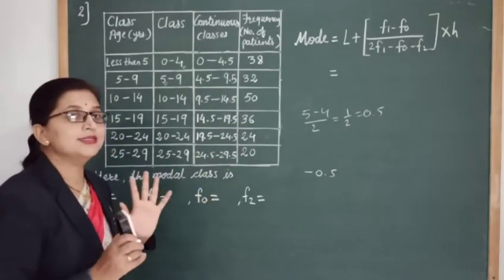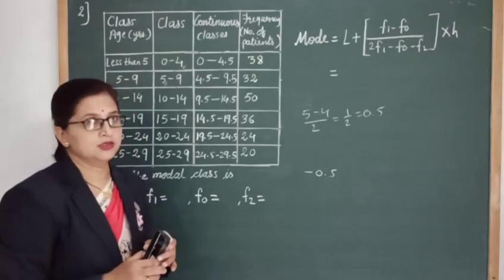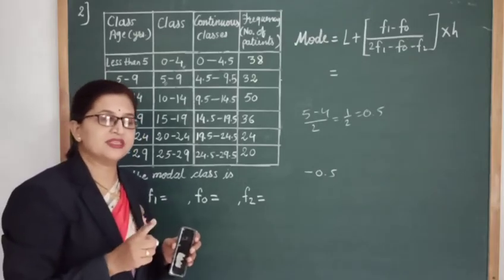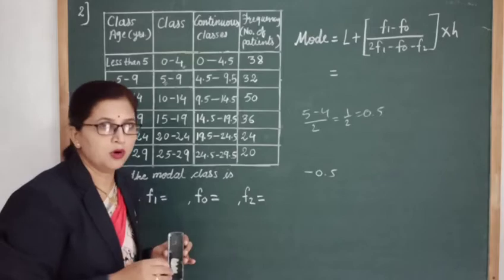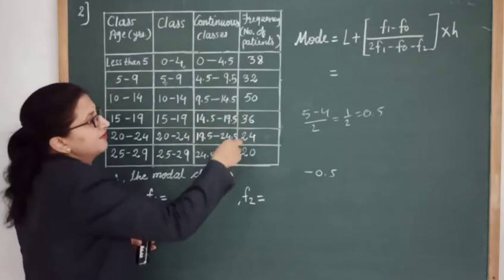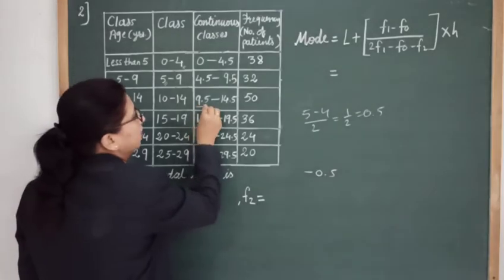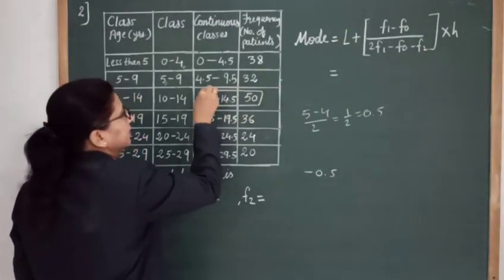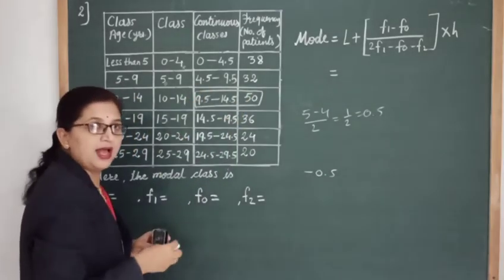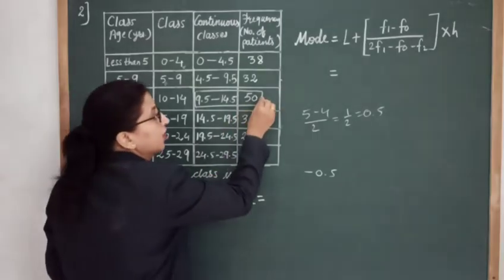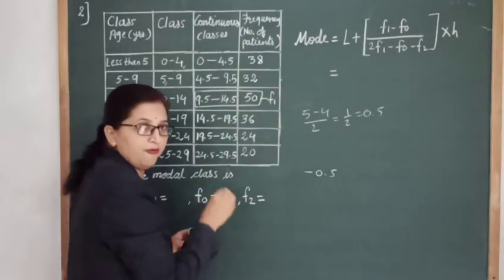Okay, now let's decide the modal class. So modal class means whose frequency is maximum, that is the modal class. So here the maximum frequency is 50. Okay, so this is our modal class. Okay, so as we know that the frequency of modal class is the F1.